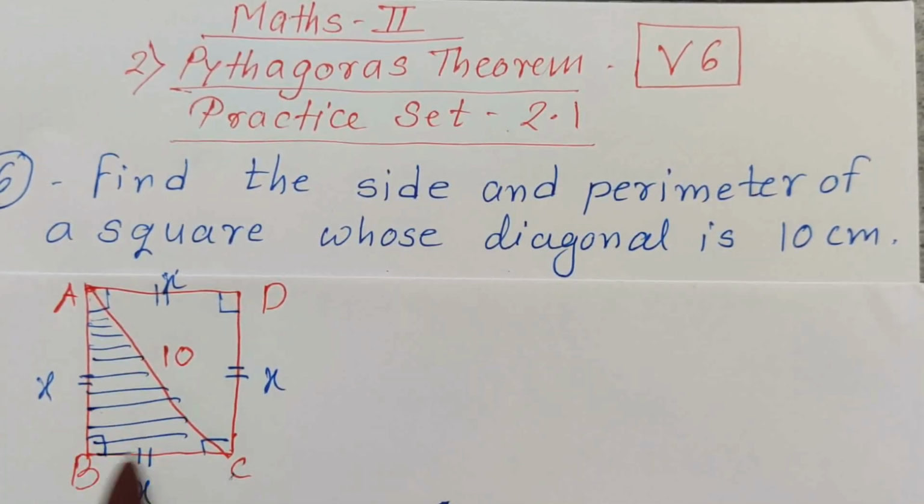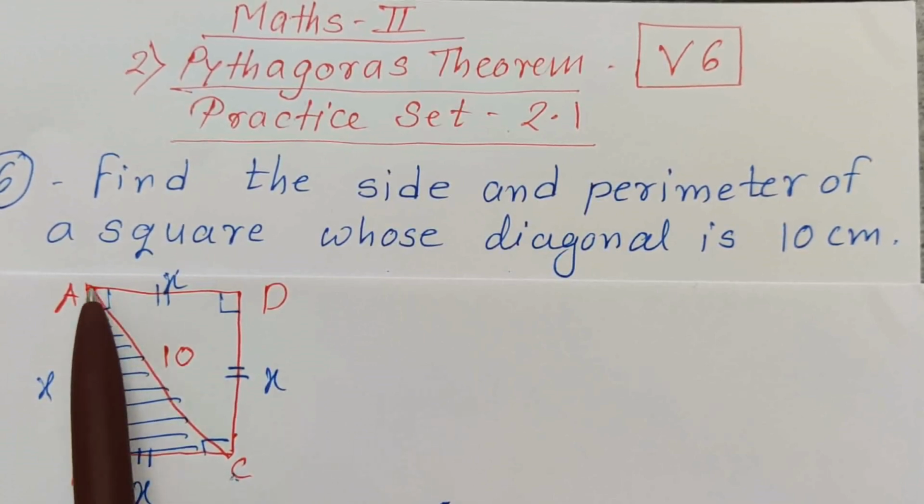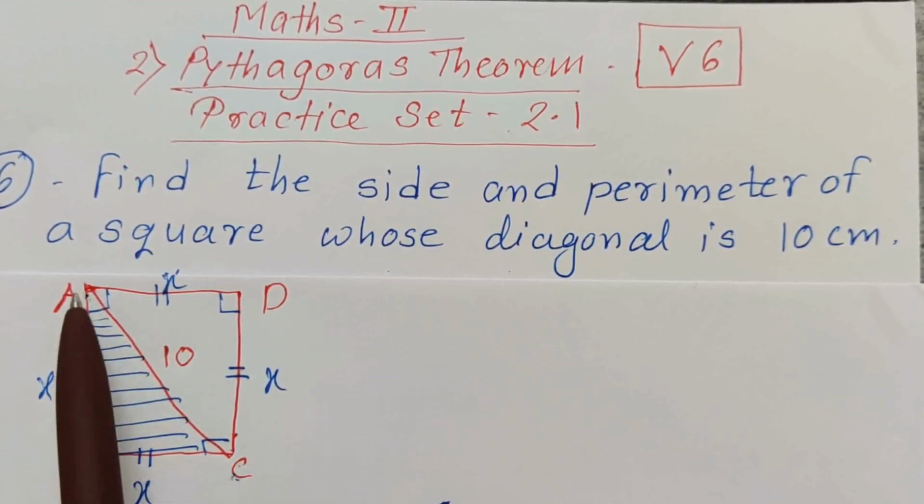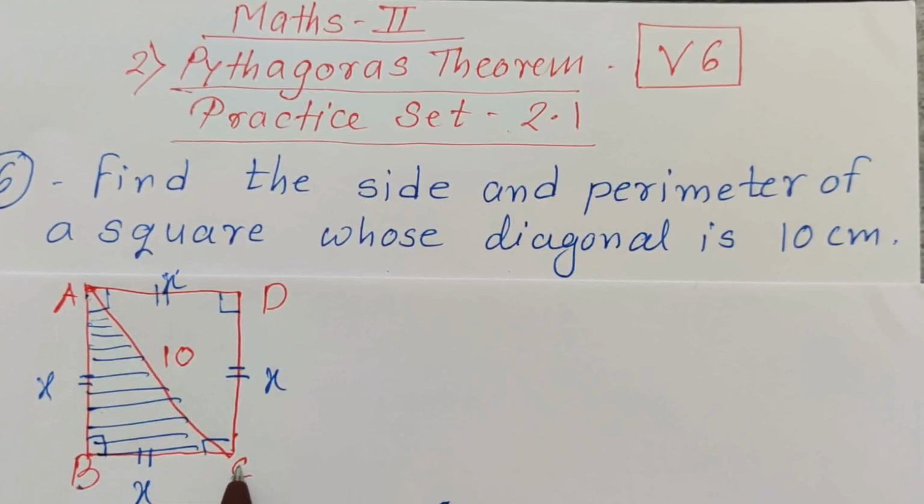Now you can see the right angle triangle ABC. The length of the diagonal is the length of the hypotenuse, so the hypotenuse is 10. So easily you can find AB and BC because both are equal and we showed them with x. So how will you start solving the example?